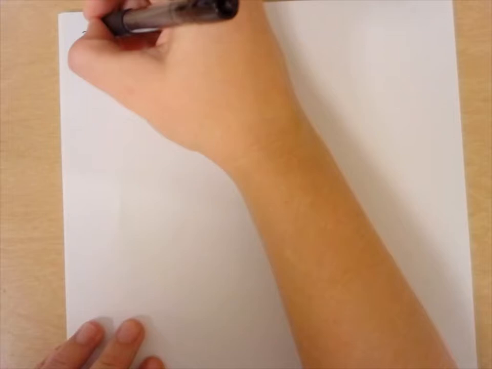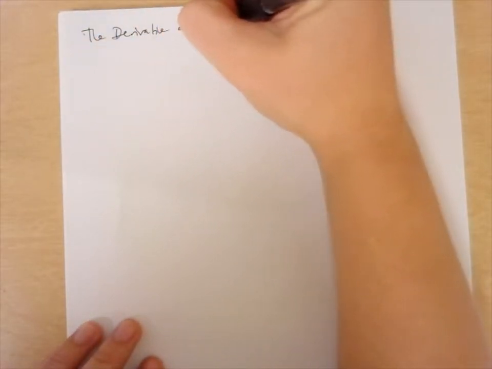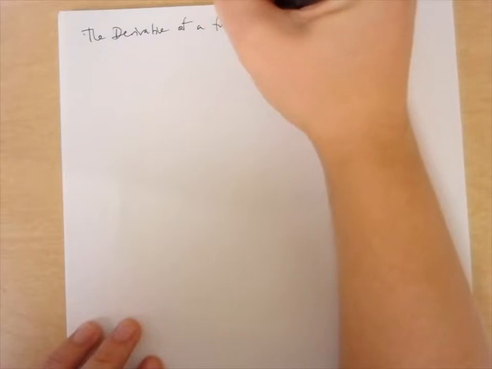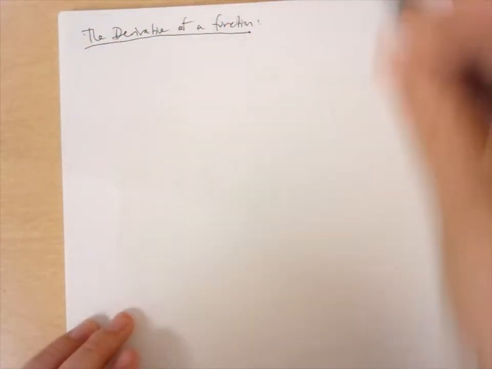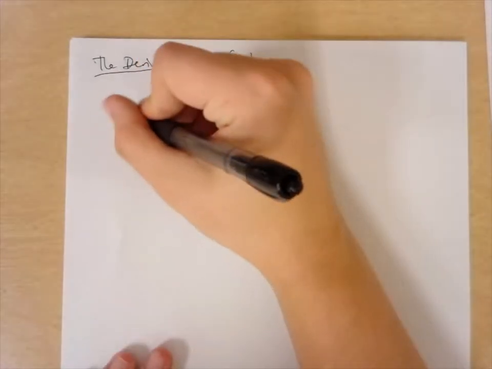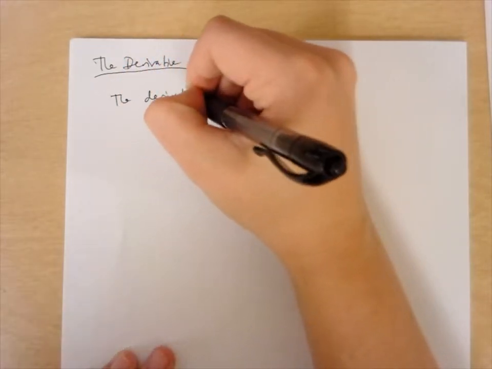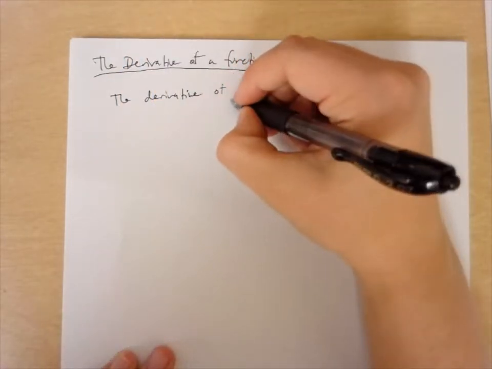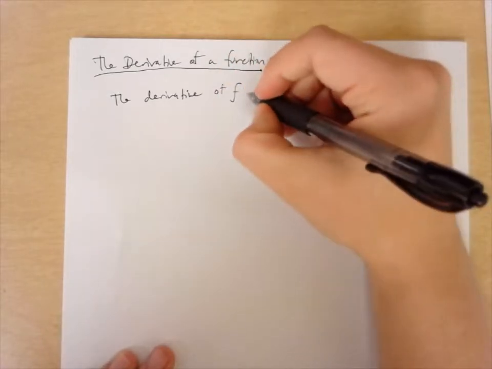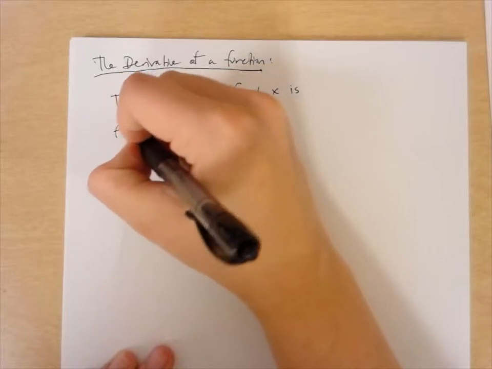Let's talk about the derivative of a function. Alright, we're pretty much already defining this. Let's formally define it though. What we can say is the derivative of f, that fancy f, at x is f prime of x.